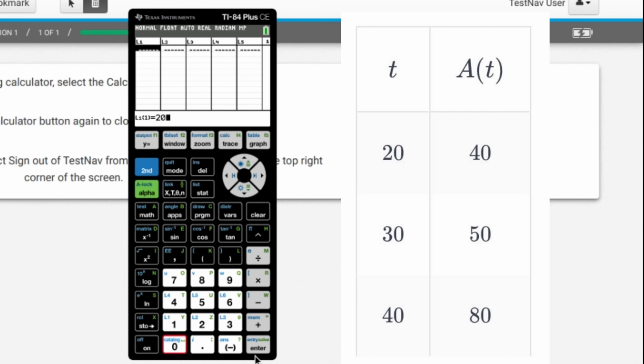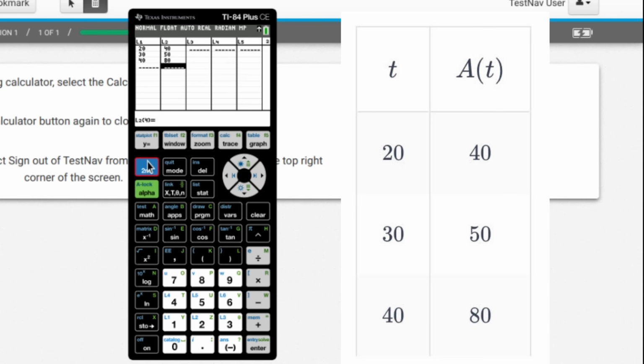We also know that 30 is part of it. We also know that 40 is part of it. And we can move to the right and use 40, 50, 80. Okay? We know this is going to be quadratic.